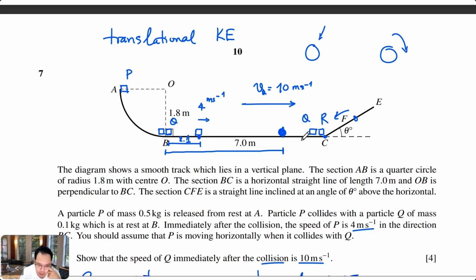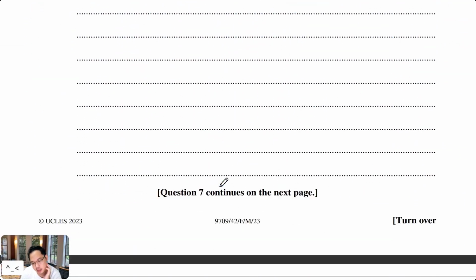When the two particles Q and R collide, it takes the system QR a certain time, which we will find right now, to go up to F and then slide down, and then go back in the opposite direction, from the right to the left, and collide with P again.